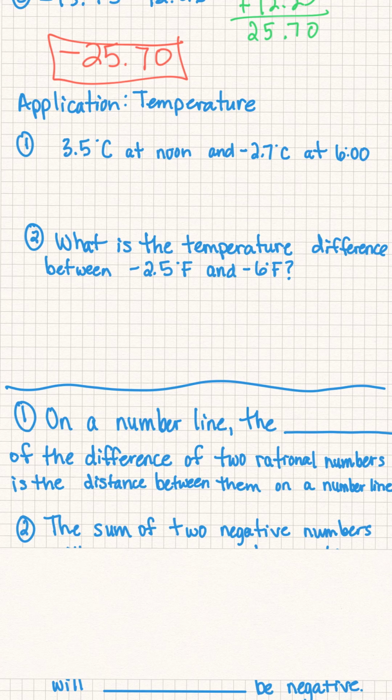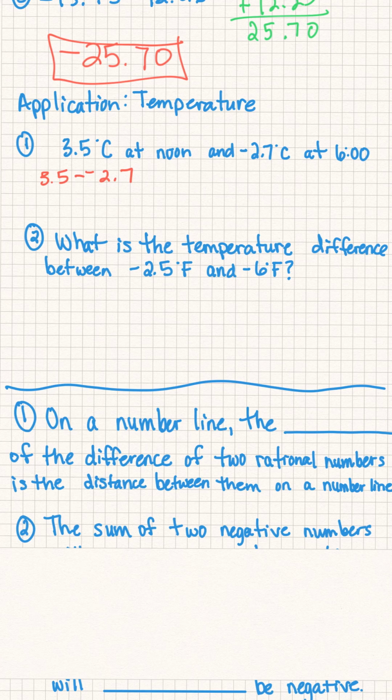So you absolutely could do a number line, or you can think that we're going to write it like 3.5 subtract a negative 2.7. So the absolute value is going to be, well, we just want to know the difference.